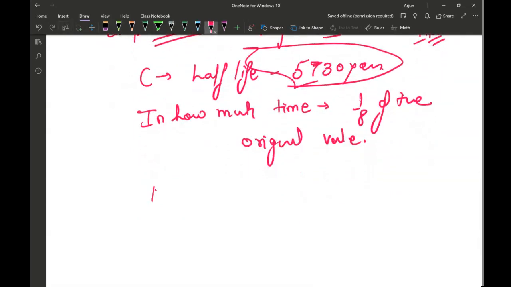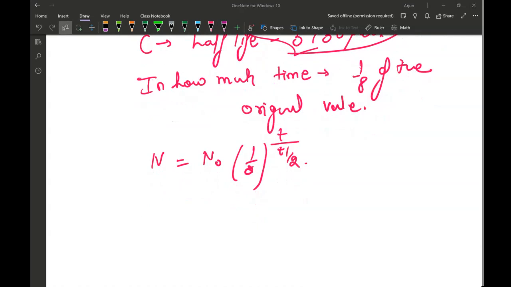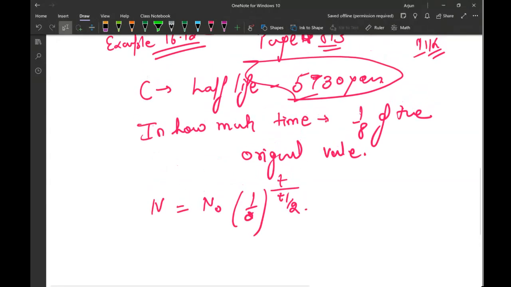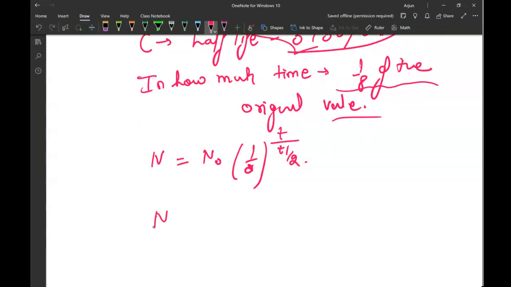So I'm going to use the formula N equal to N0 1 half, then down here it will be t upon t half. And what is given to me is actually N upon N0, so it's given to us in a ratio form. In how much time will 1/8 of the original value be left over? So how I'm going to write this one? N upon N0 equal to 1/2 to the power t upon t half. That's how I'm going to write it.